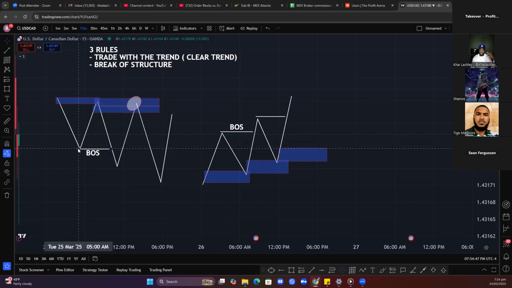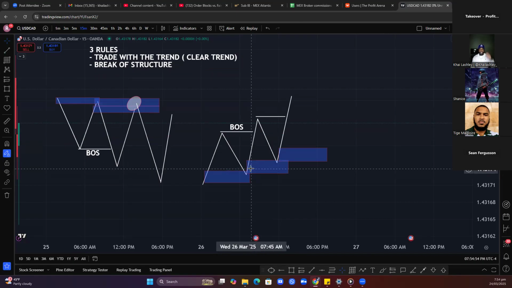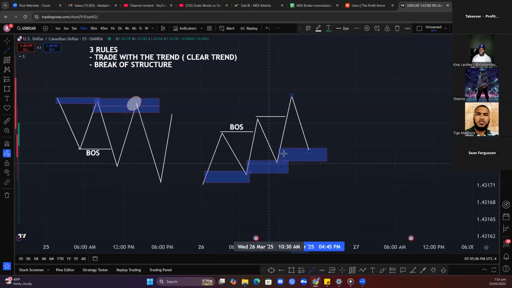So if it is a strong low, anytime price returns to this area, to the imbalance or the order blocks, the strength is there, so it should hold price to continue up in the direction. Everybody following? Anytime we get price pushed back into areas like this, these are strong lows, so it should hold for that continuation of price.